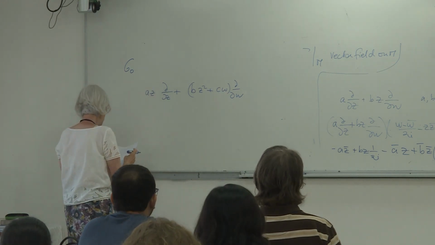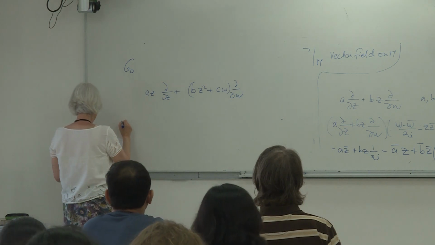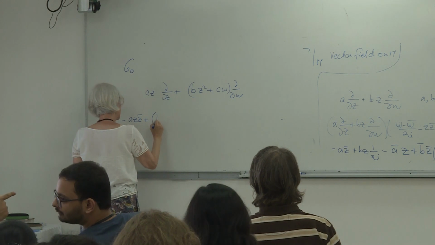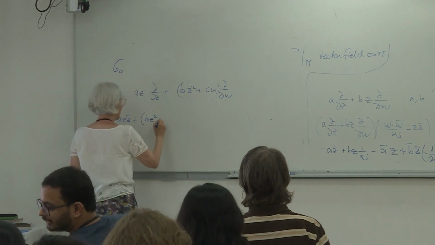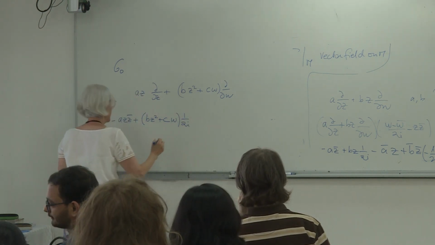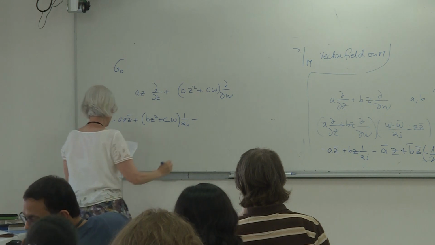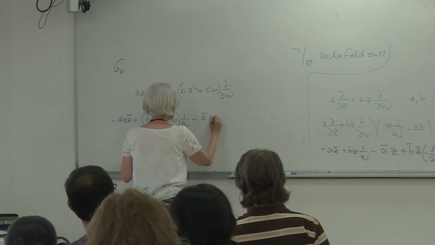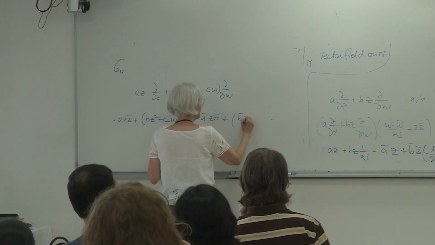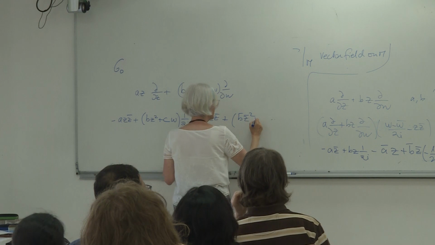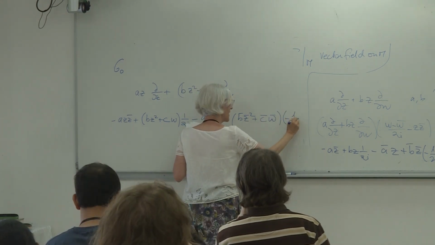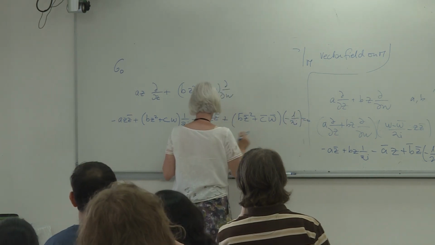If I compute it, I get minus A Z Z bar plus B Z square plus C W times 1 over 2i, and I conjugate: minus A bar Z Z bar plus B bar Z bar square plus C bar W bar times 1 over 2i. It has to be 0.